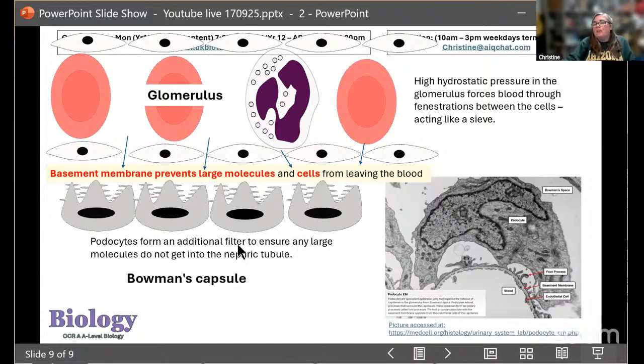They're an additional filtering system to try and prevent anything apart from those small molecules going through. So anything that's large should not be getting through. And if there are large substances getting through into the nephric tubule, that will end up with a problem. The kidneys are not functioning properly.